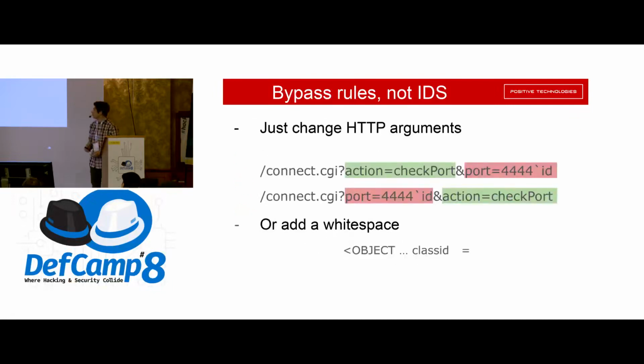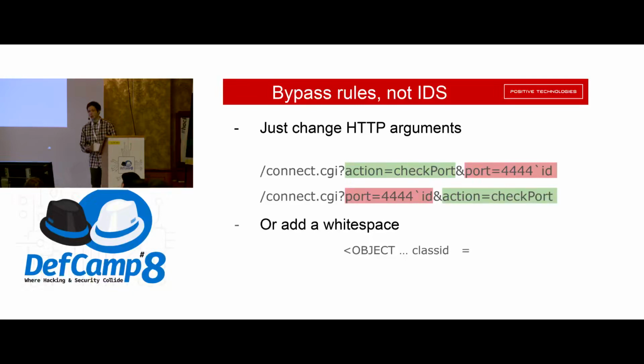Taking this into consideration, we can point out some little tricks. For instance, you can just change an exploit and send HTTP GET arguments in another order, and that's why you can bypass some signatures.